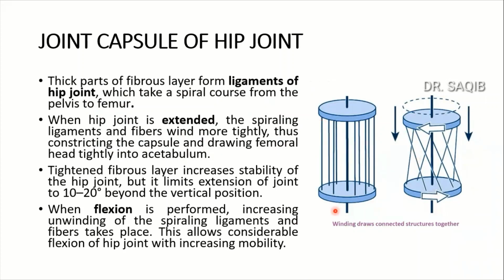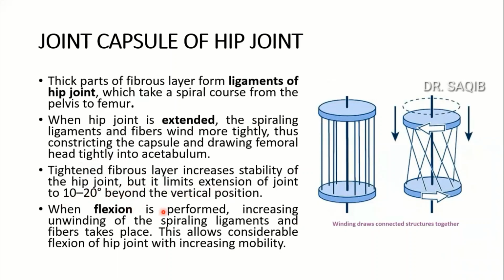Here you could see this is one position, and here is the winding, where the fibers are really taut. Tightened fibrous layer increases the stability of the hip joint, but it limits extension of the joint to 10 to 20 degrees beyond the vertical position.